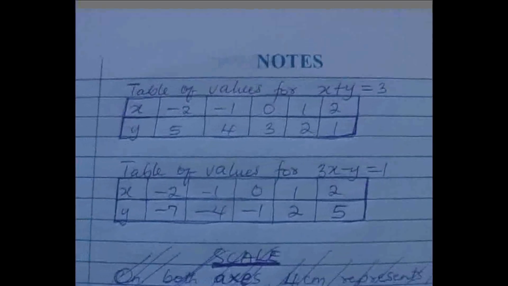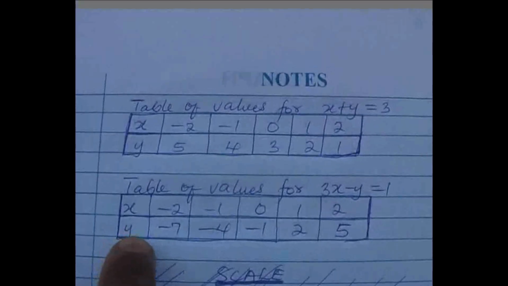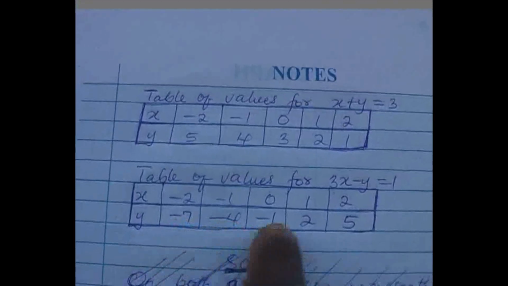You can see the calibration now from -1 to -7, which agrees with our table of values that has the values of y from -7 to 5.